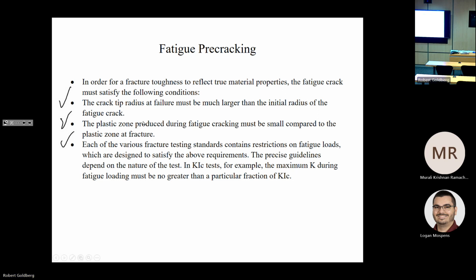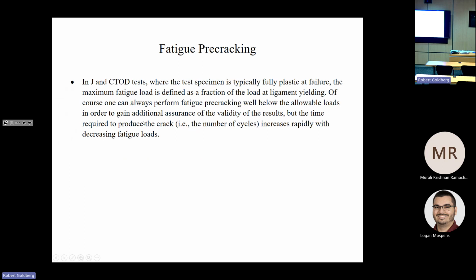And conversely, for J or crack tip opening displacement tests, where the test specimen is typically fully plastic at fracture, the maximum fatigue load is defined as a fraction of the load where you get yielding of that bit of material between the end of the crack and the edge of your specimen.